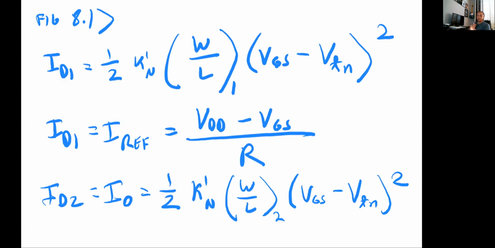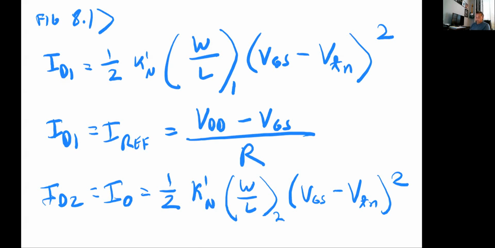And I know I'm good, because if I just play with that R and get a good IREF value, and all the other ones are ratios of that IREF, then I can get good values for those too, without having to mess with anything else, just by changing the value of the W's.